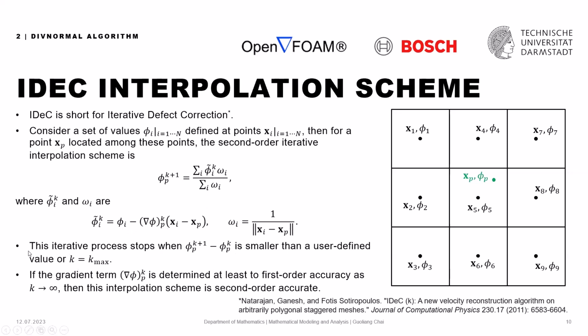The iterative process stops when phi k plus 1 minus phi k is smaller than a user-defined value, or the iteration reaches the maximum. It can be proved that if the gradient term is determined at least to first order accuracy, then this interpolation scheme can have second order accuracy.